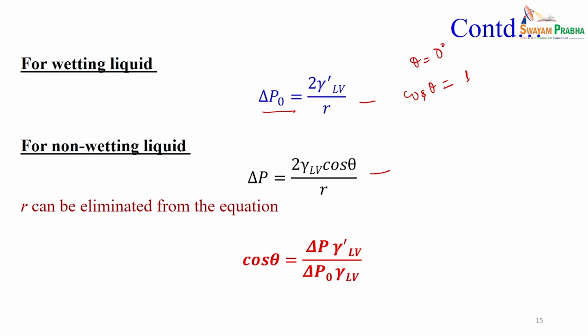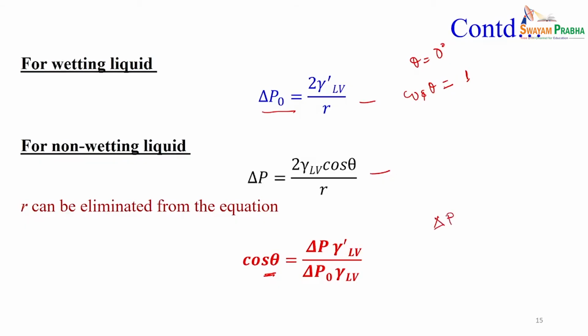So, in this method, if we can experimentally measure delta P, then using the Young-Laplace equation we can calculate the contact angle. Here delta P is playing with the contact angle.